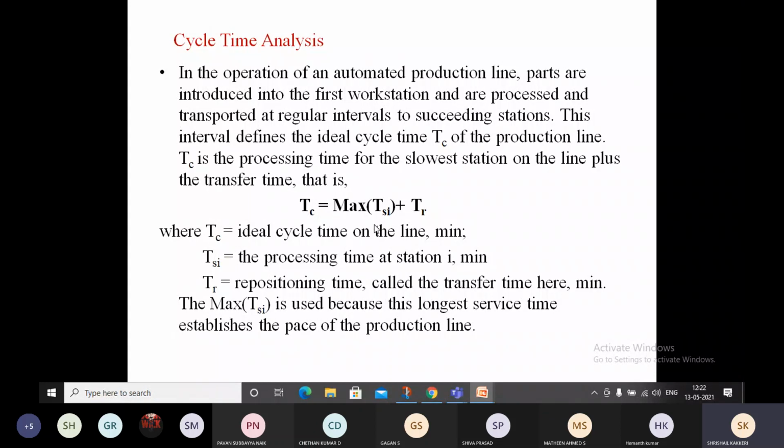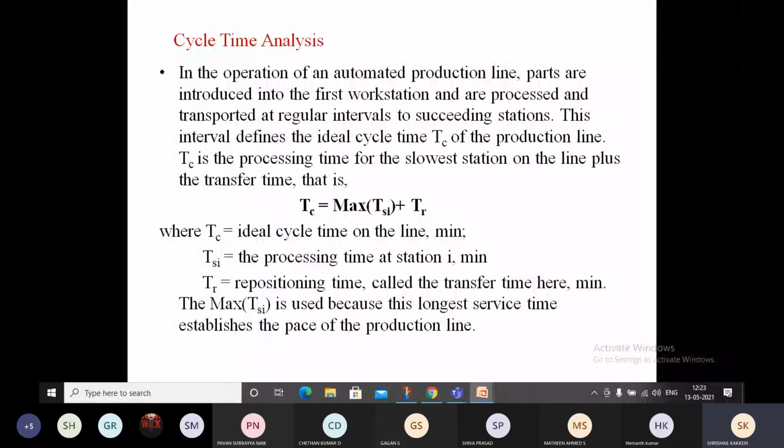Tr. The cycle time includes the time in which the work part is moved from the conveyor to the machine, and the total time will be idle time. Tc is the cycle time, and Tsi is the processing time at the ith station.